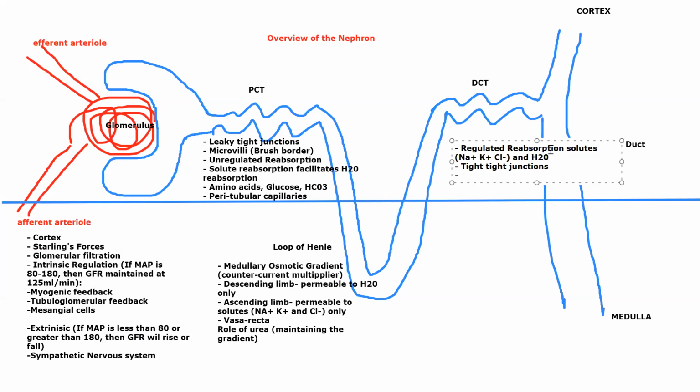Oh wait, we forgot to talk about, so we have regulated absorption of solutes. We also have secretion here. Okay, let's not skip over that. So we do have secretion of some solutes, mainly potassium and hydrogen ions.